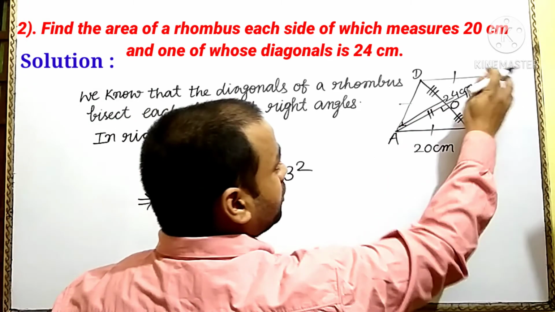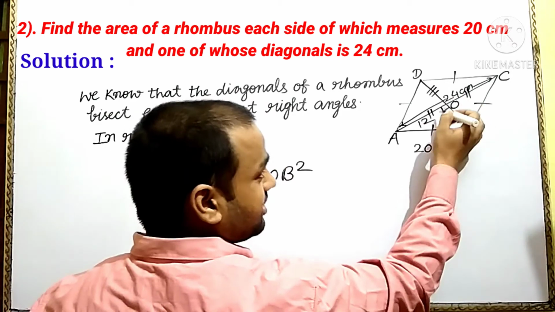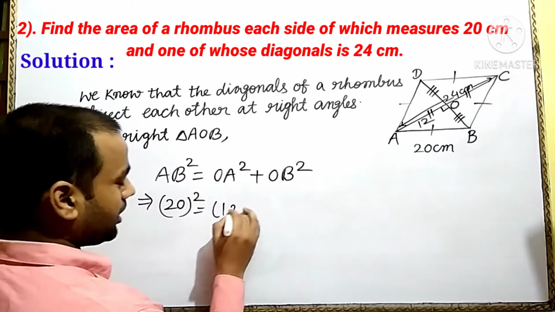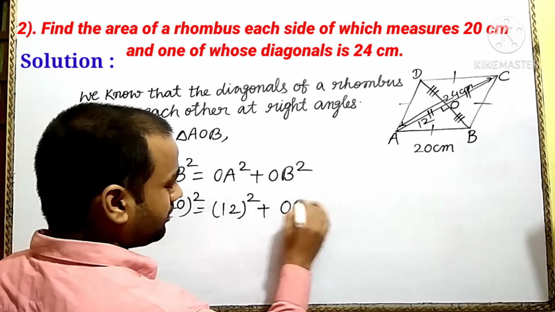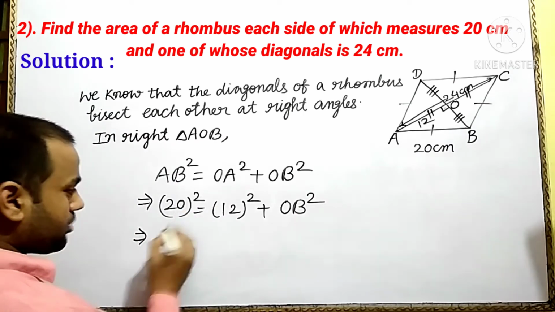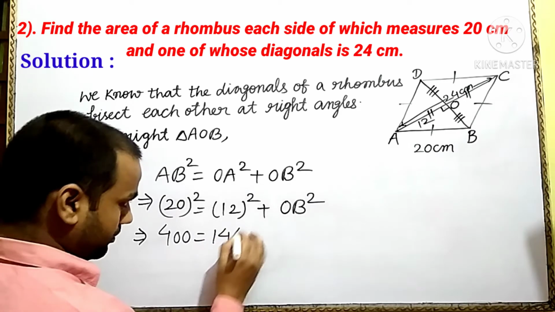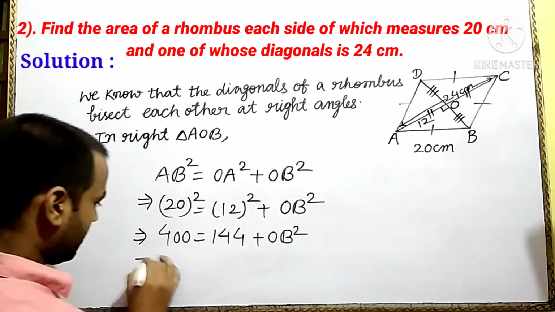AC is equal to 24, so OA is equal to 12 because diagonals bisect each other, means half of 24. So 20 square is 400, equal to 12 square, 144, plus OB square.